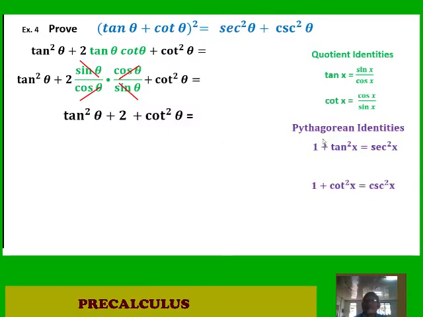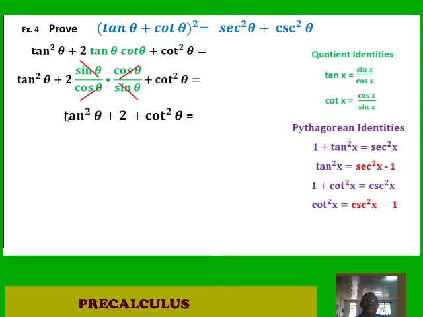Another one from the Pythagorean identities. If we are going to solve for tangent squared x and cotangent squared x, we have here secant squared x minus 1 and cosecant squared x minus 1.